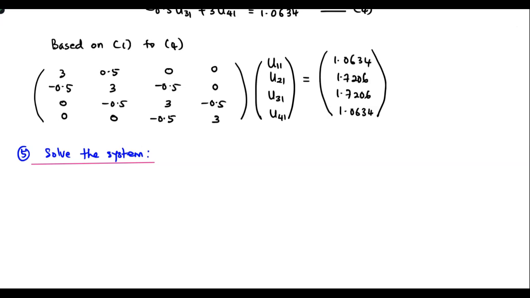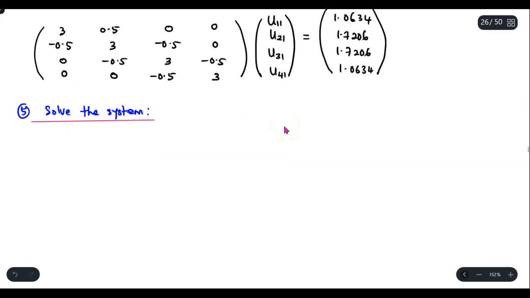But this one is a 4 by 4 system, so if the question didn't ask for any specific method, you can simply use your calculator to get the unknowns u11, u21, u31, and u41. But if the question asks for the Thomas algorithm, for example, or Gauss-Seidel, then you need to follow. But for now I just use the calculator.